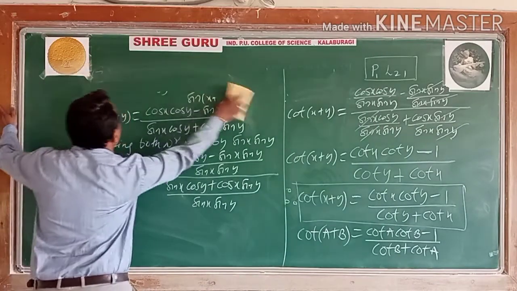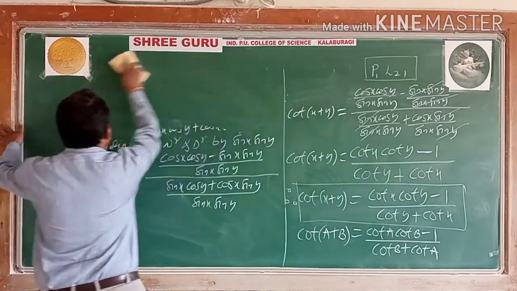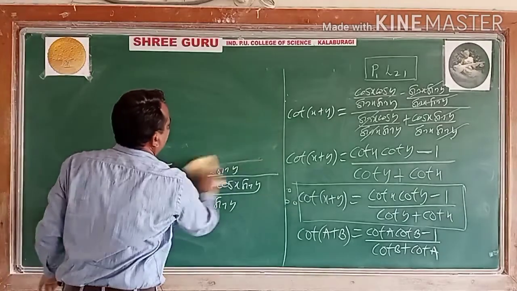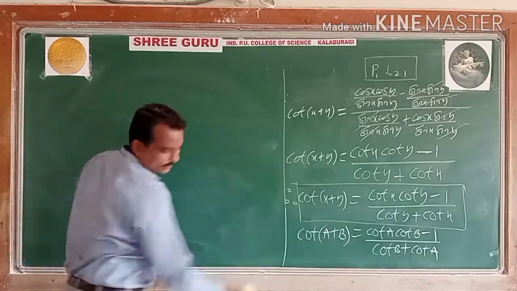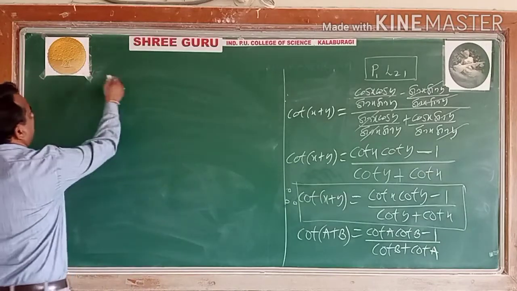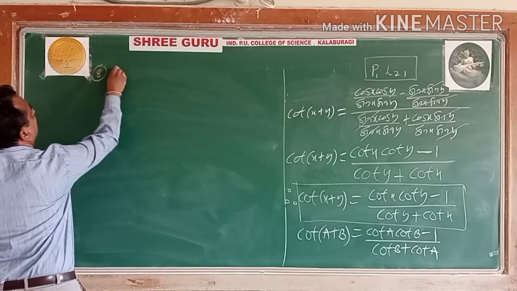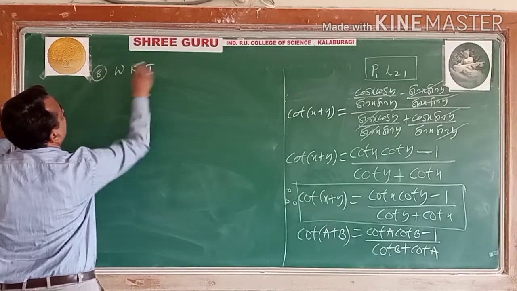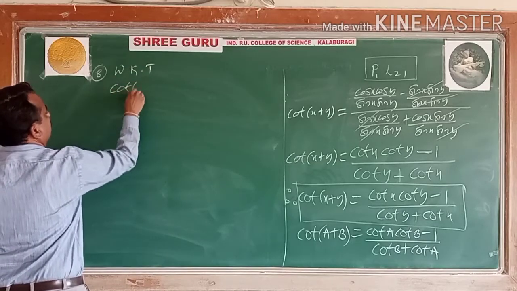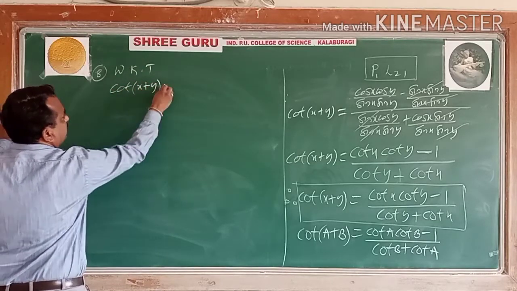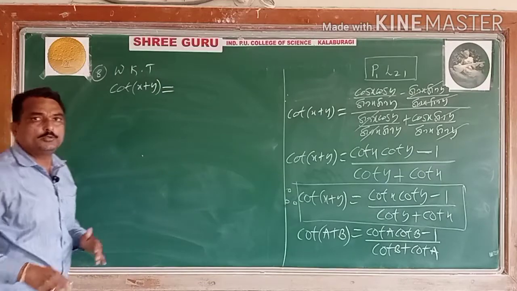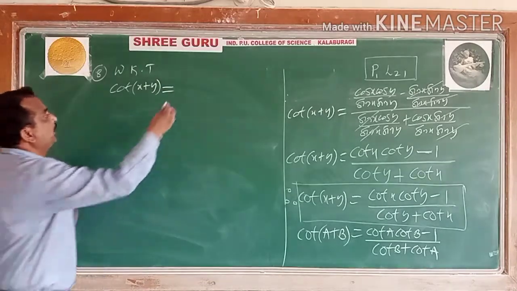Now let us see, students. Cot of x minus y formula, the 8th one. We know that cot of x plus y, using this sum formula, you will go for the difference formula. What do you get?